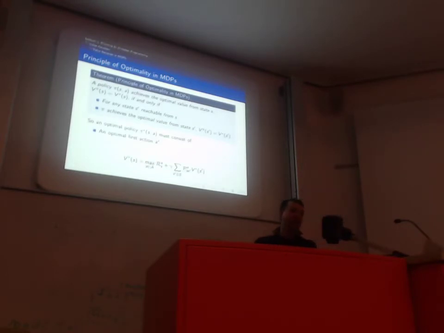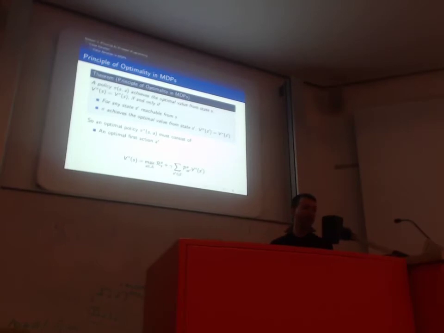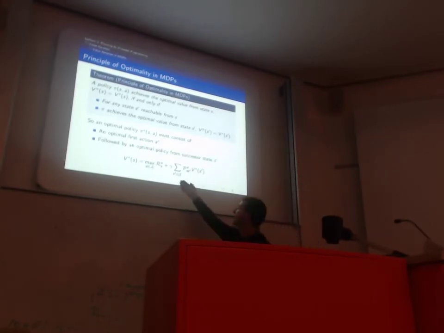And so again, that tells us that if we just break this up after one action, an optimal policy must consist of an optimal first action followed by an optimal policy from the successor state. So this is now the full, stochastic version of the Bellman Optimality Equation. We saw this last lecture, but this is sort of deriving the same thing from this principle of optimality.